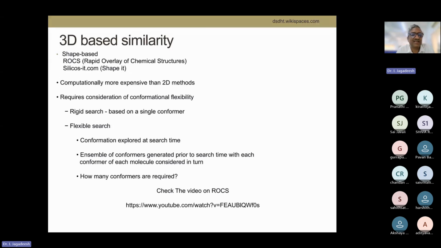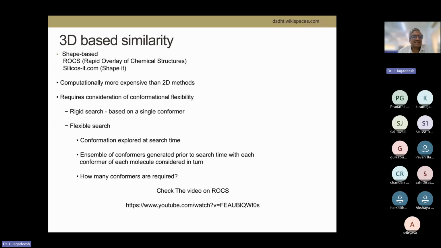First, we can assign the lead, based on the key and lock system, not as a ball and socket like a flexible search. The rigid search is simple, and both the receptor and the ligand are rigid in nature. So there is no conformational outlook here. That is the reason it is fast.